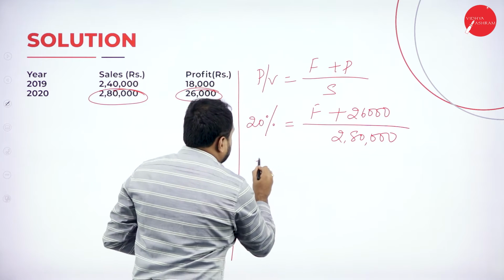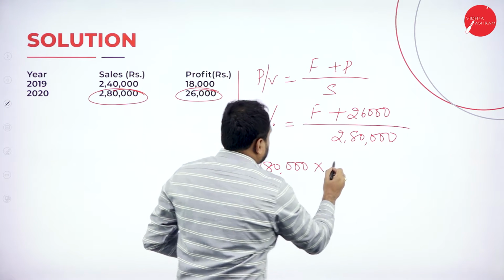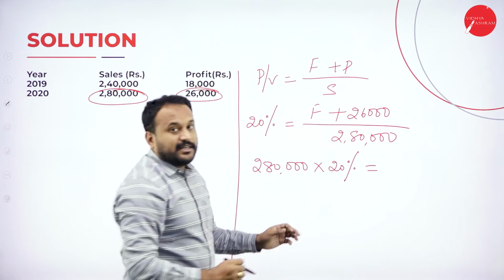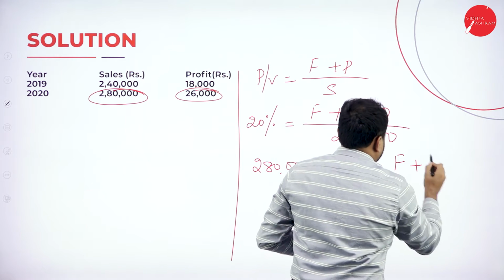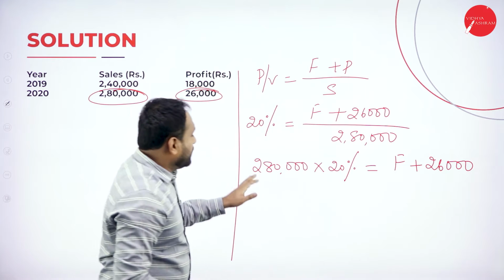Now again cross multiply. 2,80,000 into 20% is equal to, I'll write the remaining, that is F plus 26,000.